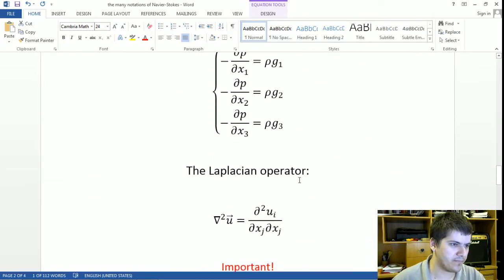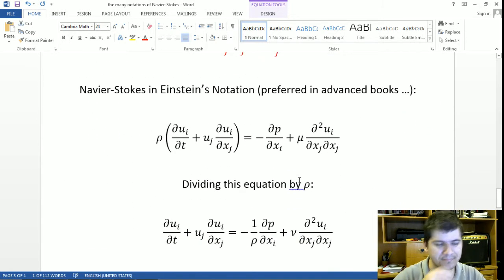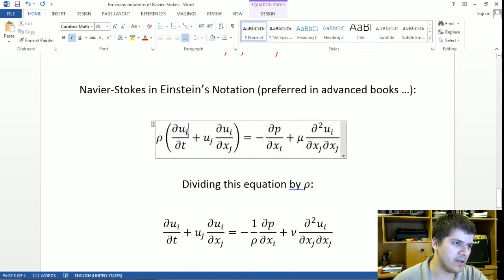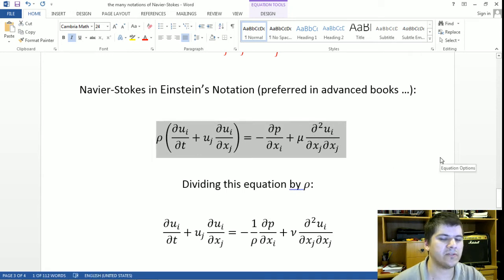Let me advance a little: this is the form of Navier-Stokes with u subindex i, u subindex i, x subindex j, and so on. This form, also known as the tensor form of Navier-Stokes, or Navier-Stokes using Einstein's notation, you will often see in this kind of works, including books, papers, and even manuals of certain software.